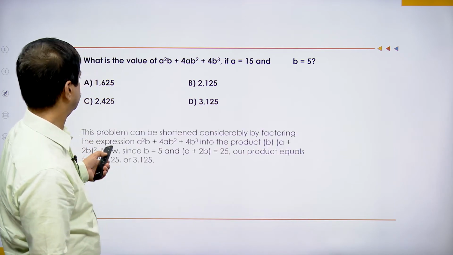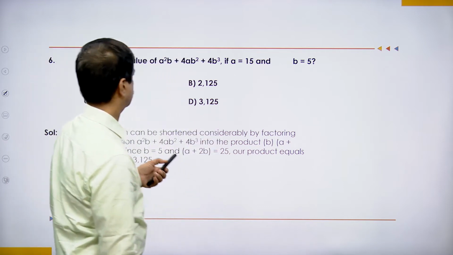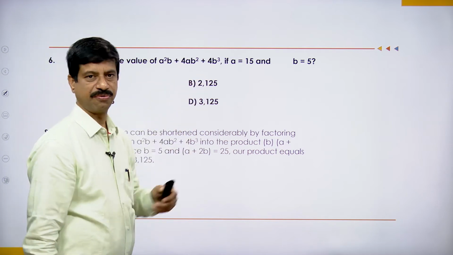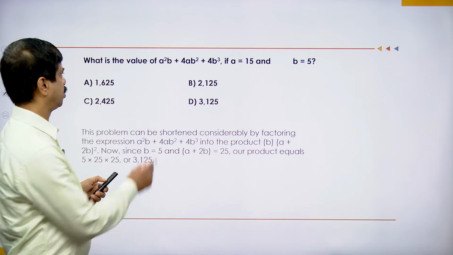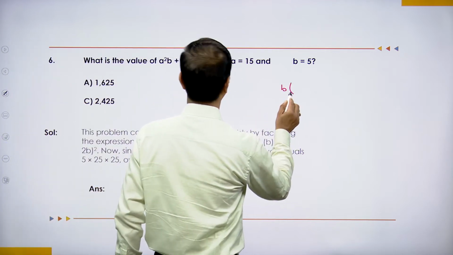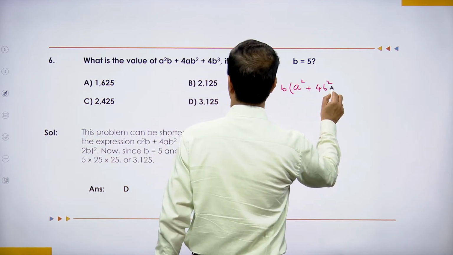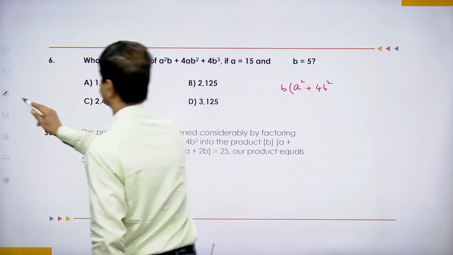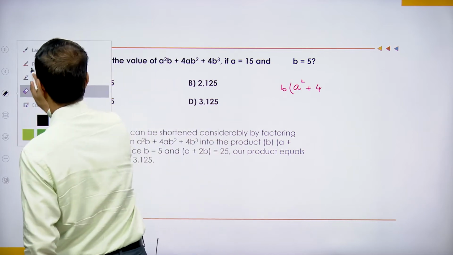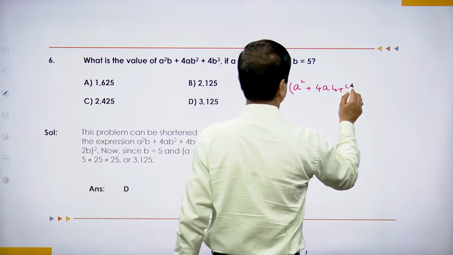So we need to find the value of this. So look at this. If you take B common there, you will get A squared plus 4AB plus 4B squared.